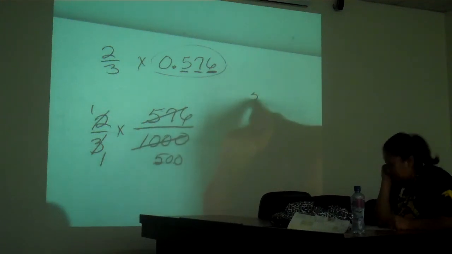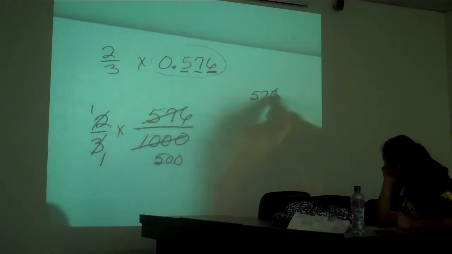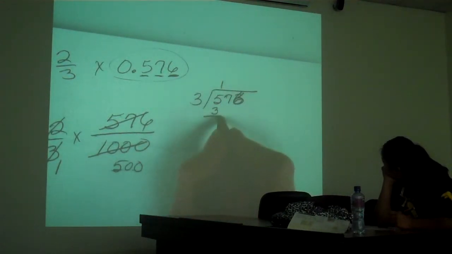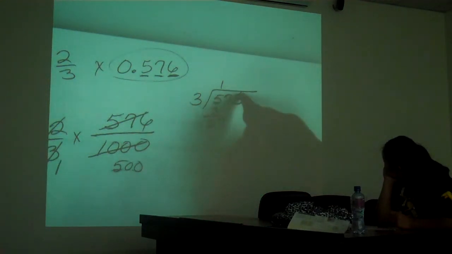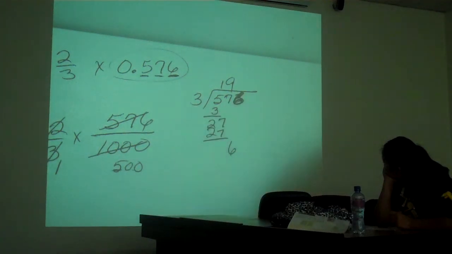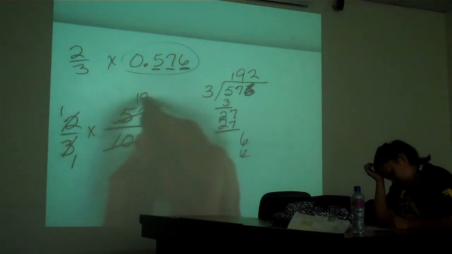Divide this by 3. 3 into 5 is 1. 5 minus 3 is 2. 3 into 27? 9. It came out perfect. And then 3 into 6? 2. So this is 192.